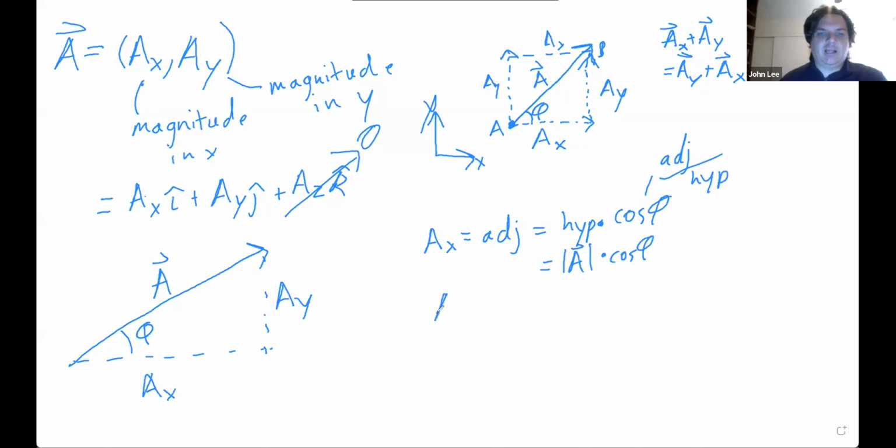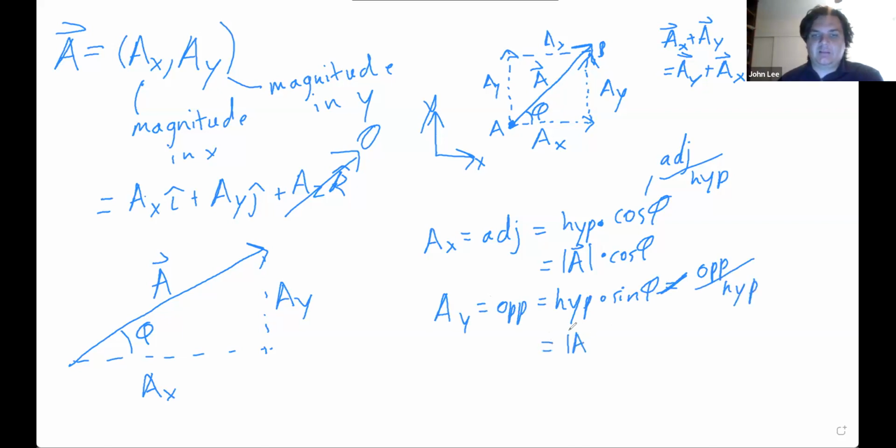And then AY equals opposite, equals hypotenuse times sine of phi, where sine of phi is opposite over hypotenuse, equals the magnitude of A sine phi.